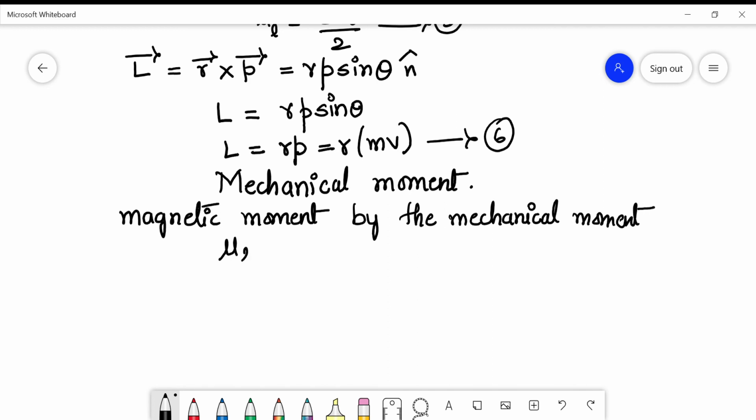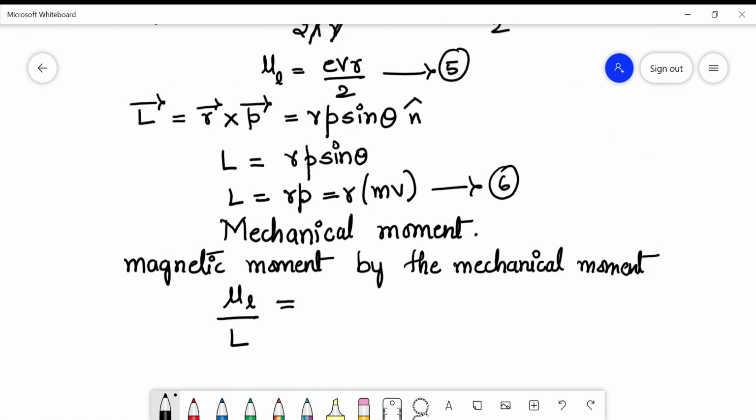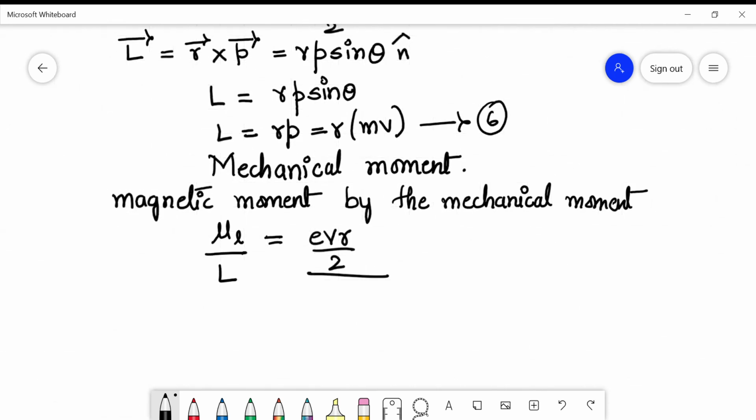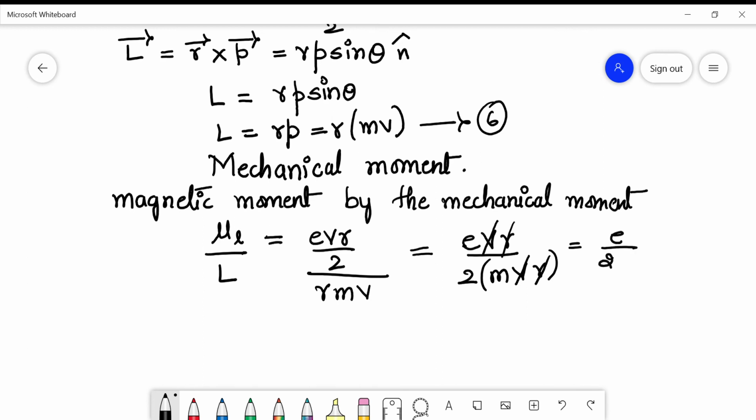Magnetic moment is mu L, mechanical moment is L. The expression for magnetic moment from equation number 5 is EVR divided by 2, whole divided by the value of L. From equation number 6, the value of L is R into mv. This I can write as EVR divided by 2 into MVR. So V and V get cancelled, R and R get cancelled. We are left with E divided by 2M.